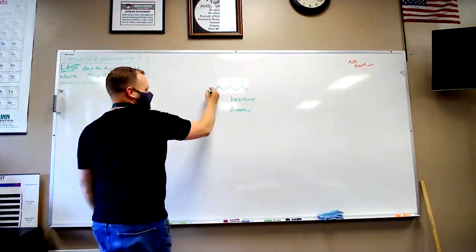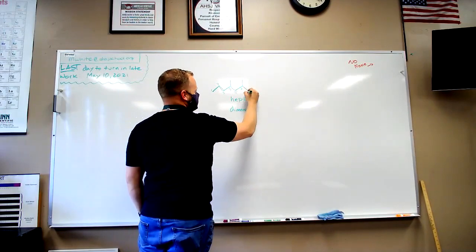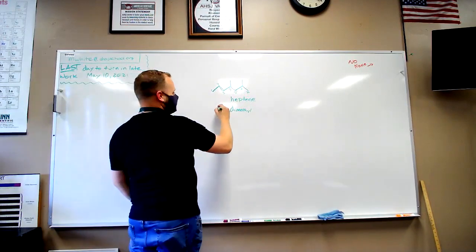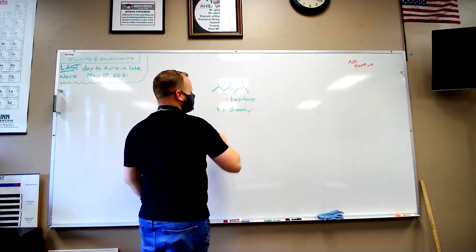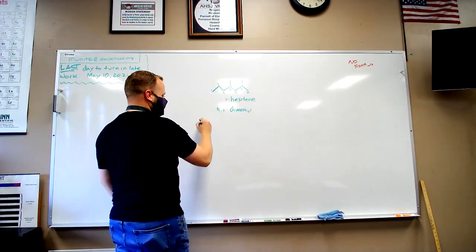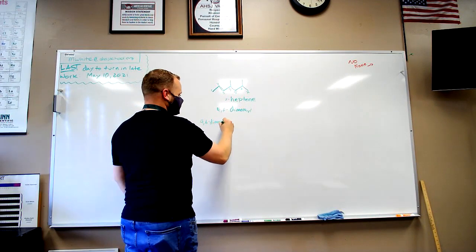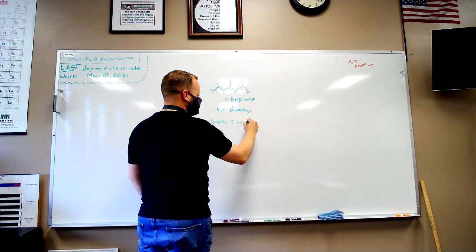So we're going to number from this side: 1, 2. 4 and 6. So this is going to be 4, 6, and this is 2. So our name becomes 4, 6, dimethyl, 2, heptene.